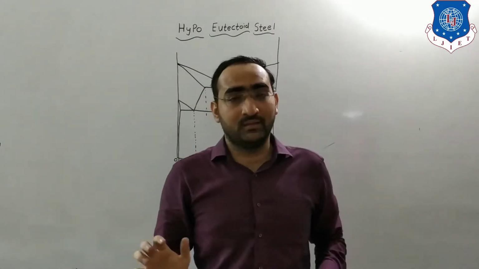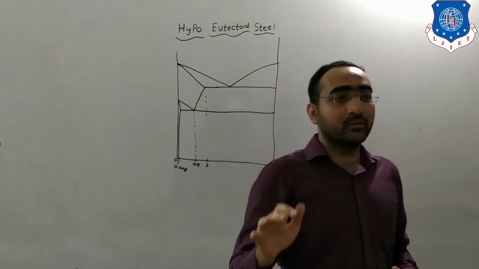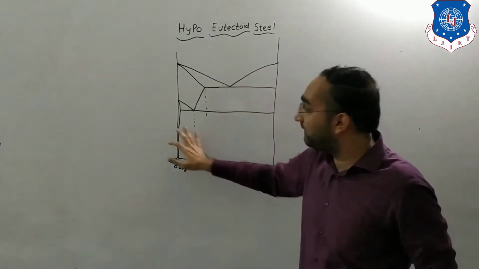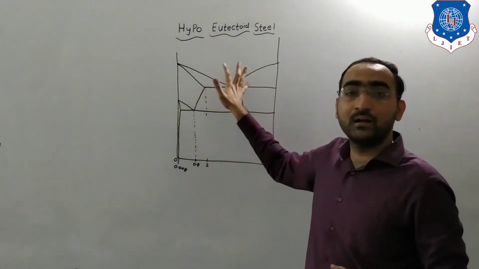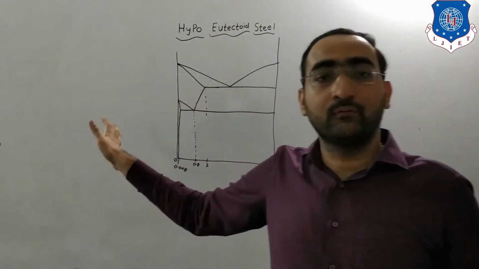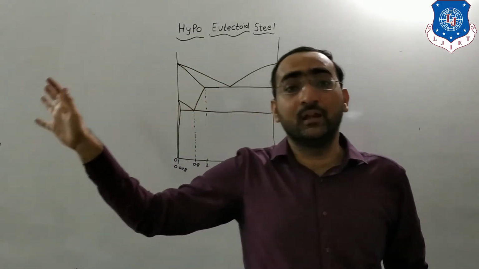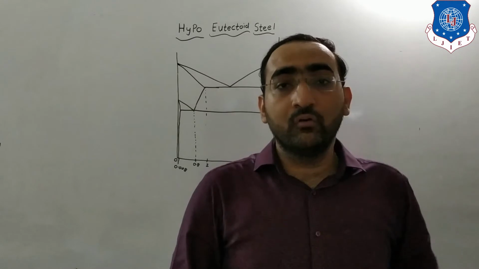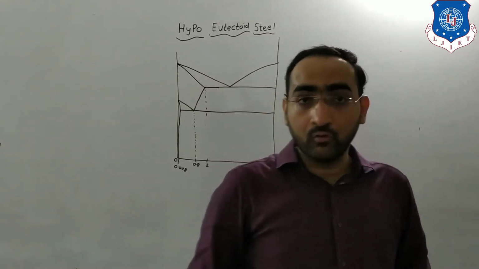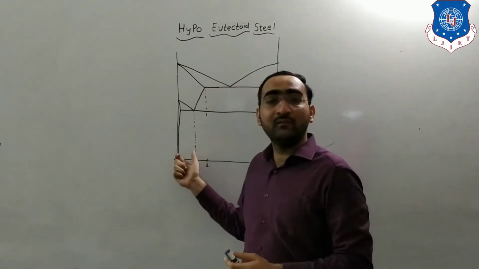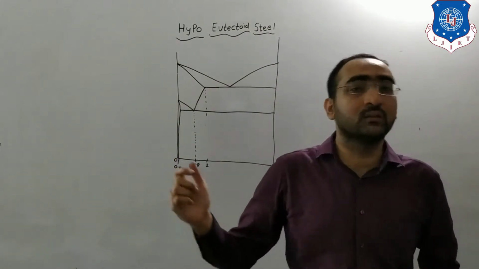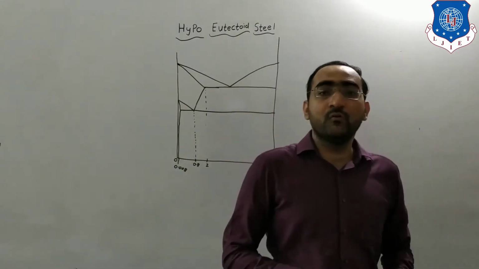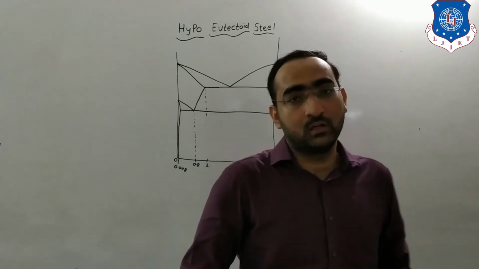So for your knowledge, we have just deleted the top portion and made it a simplified version of your iron carbon diagram. In today's lecture, we will see how hypoeutectoid steel we can find out, and which different information we can gather with the help of this. Now first thing comes, what do you mean by a hypoeutectoid steel?